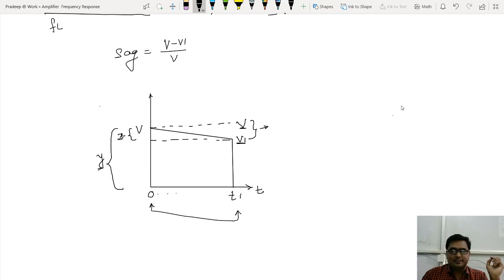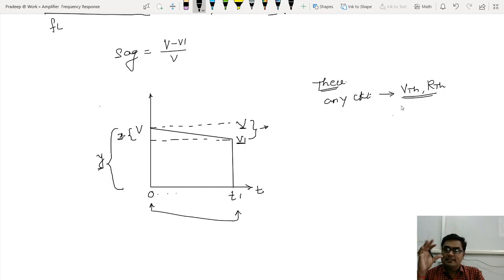You have studied Thevenin's theorem. So what does Thevenin's theorem actually do? Any circuit is converted into one voltage source and one resistor, VTH and RTH. Any electronic circuit, or in simple language any network, as you have studied in network analysis, is converted into one voltage source in series with one resistor.